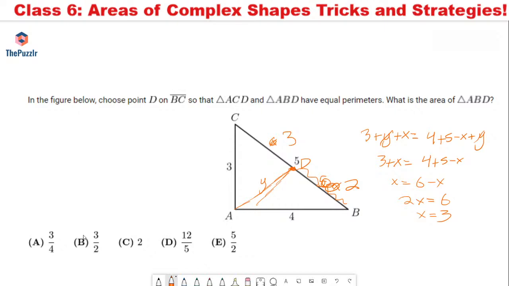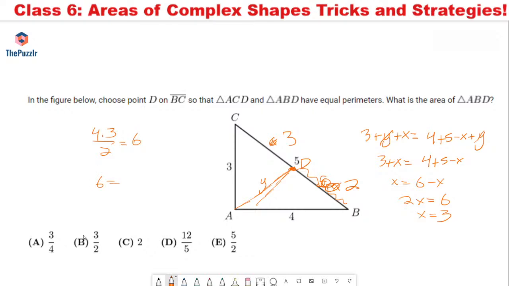Well, what if I look at the triangle ABC as a whole, right? The area of triangle ABC is just the base, which is 4, times the height, which is 3, divided by 2. This is 6. If I now flip this triangle around and look at it from the perspective of the hypotenuse, the longest side, being the base, then the base is 5.